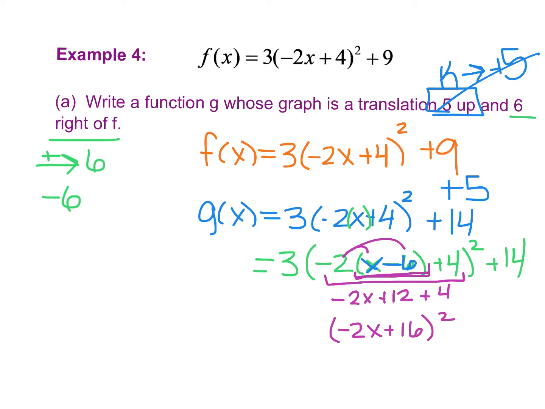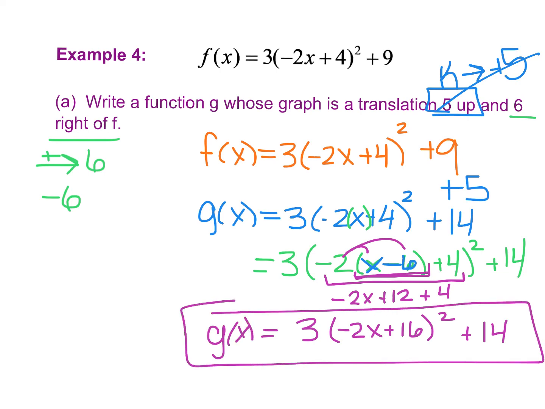It's inside, super inside, added in with x. And then from here, I can keep my plus 14 on the outside, my 3 on the outside, and I have my new function. So again, just being really careful. Up and down, you just add to the outside, but if you're translating left or right, it has to be inside here with x. And you have to add in a set of parentheses and then distribute and combine like terms as you see fit.